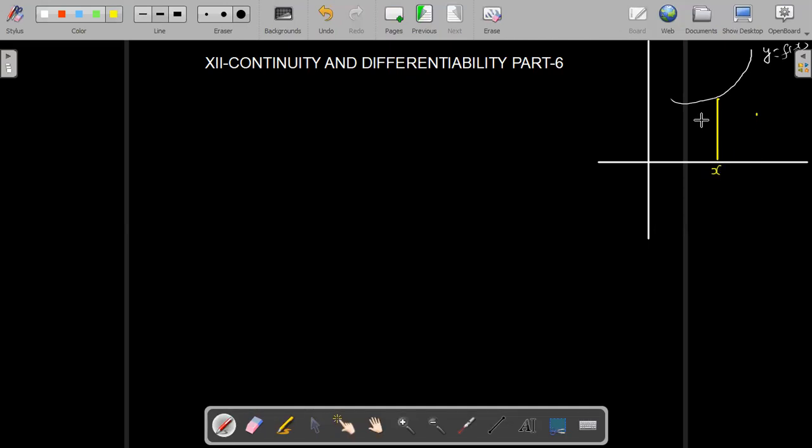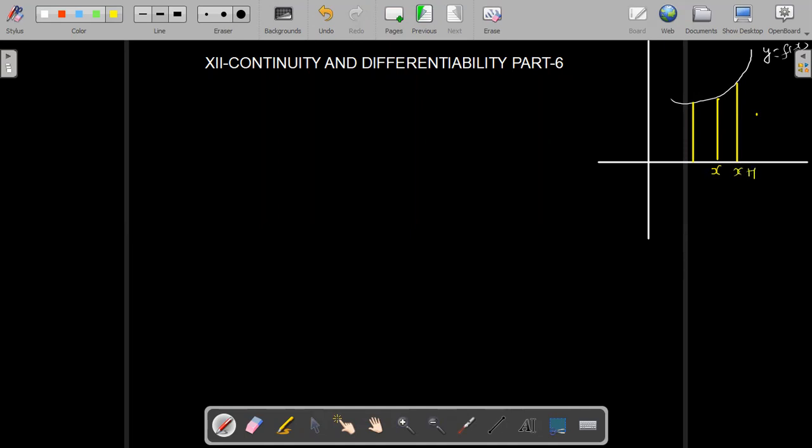When we go ahead, we will take a small increment x plus h. Suppose this will be x plus h, and before that it will be x minus h. So a small increment has been given.